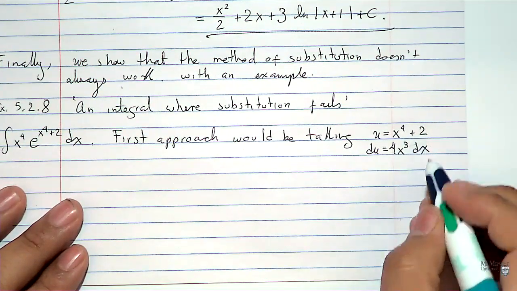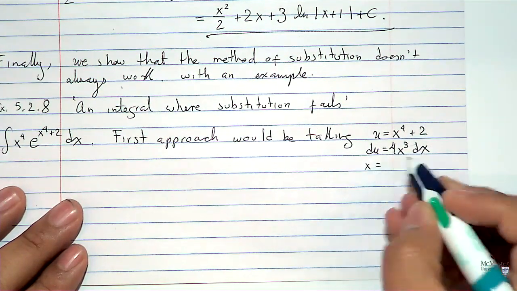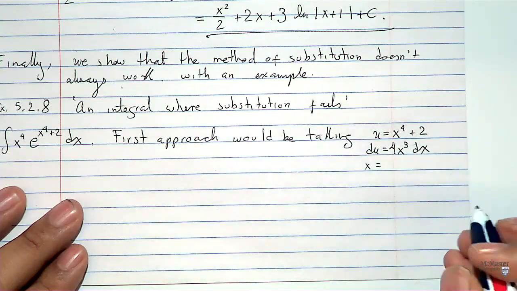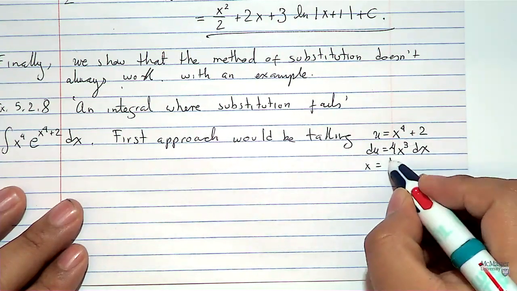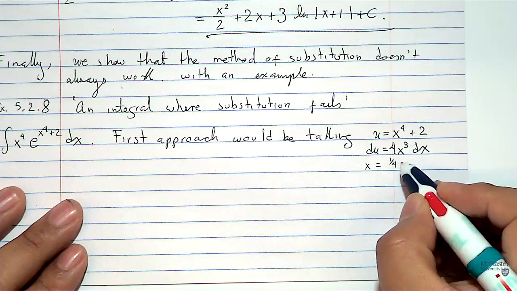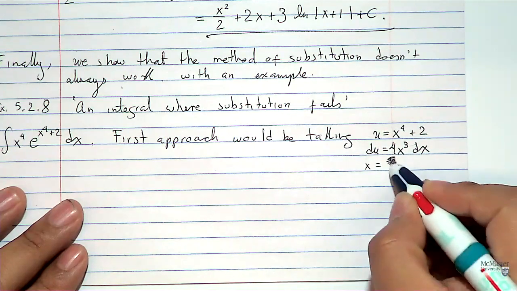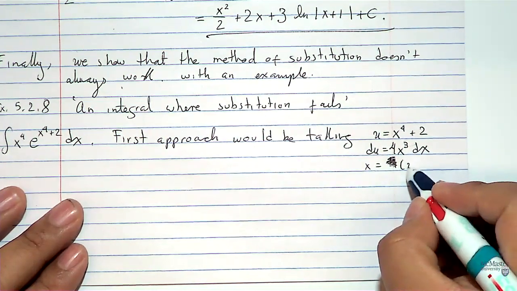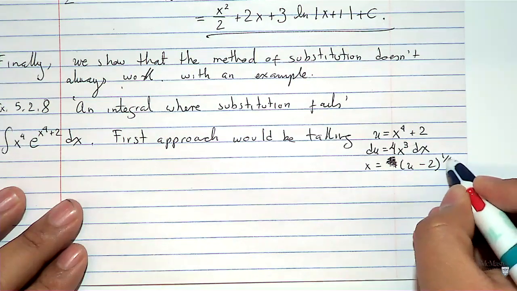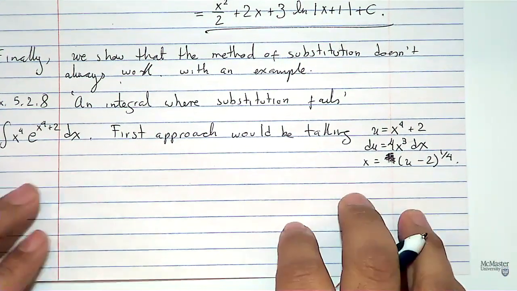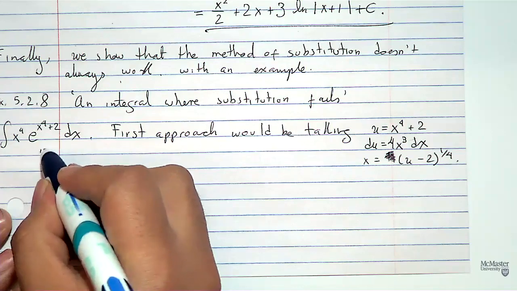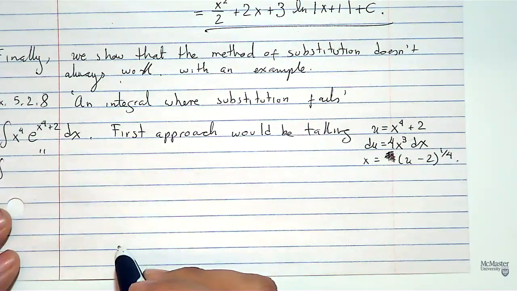Now, moreover, if you do the substitution for x, pass the 2 to the other side, take the fourth root. So, actually, I don't want to express it with the radicals. So u minus 2 to the power 1/4.